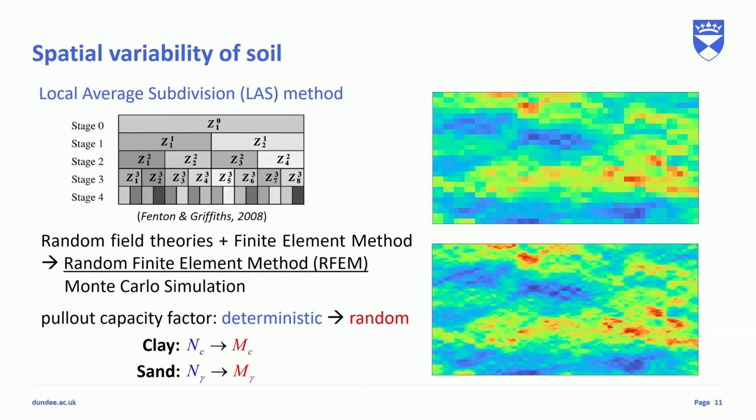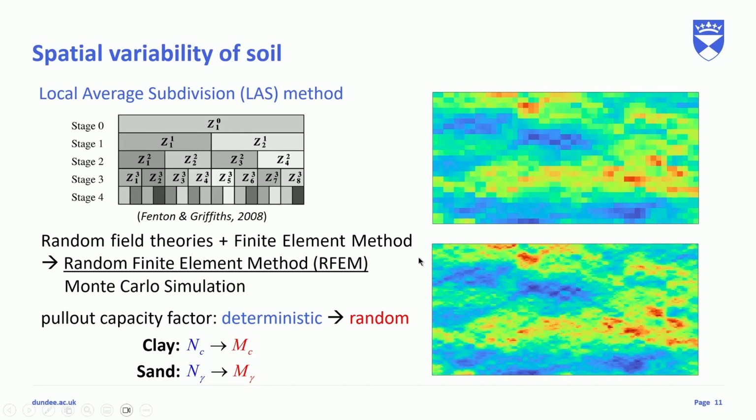We just keep dividing. This is one example, and the second picture is the same example but with more elements. You can see it has more pixels and the resolution is higher. Using this method, we can incorporate the spatial variability.